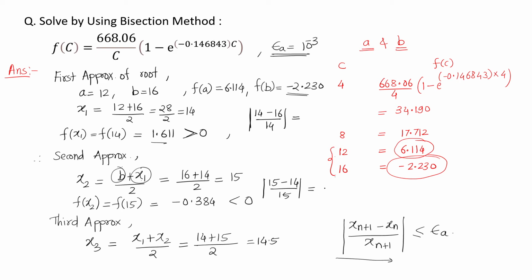This value comes approximately 1.3%, and this value comes 5.3%. Then calculate this value, 14.5 minus 14 divided by 14.5, and if it is not less than the given threshold, then continue the same process until and unless you reach that threshold. Once you reach that threshold, stop the iteration, and that is your best approximation for the root given by the bisection method.